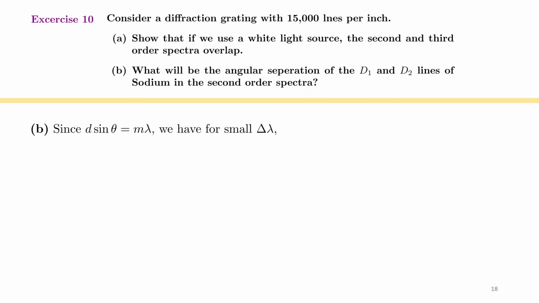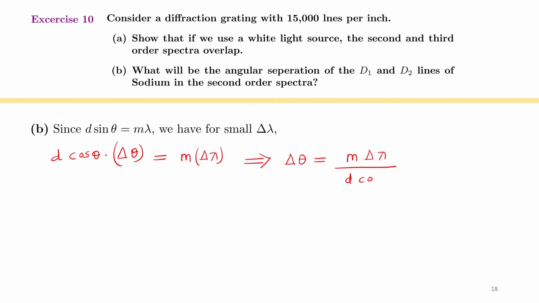Now, part B of the problem. We have d sine theta equal to m lambda, and for small delta lambda, we can write d cos theta delta theta equal to m times delta lambda. This will give us delta theta equal to m delta lambda over d cos theta.